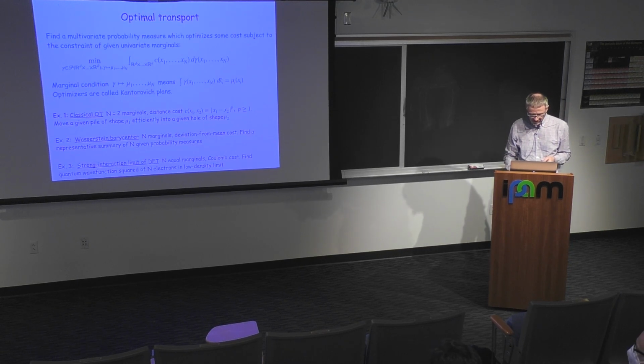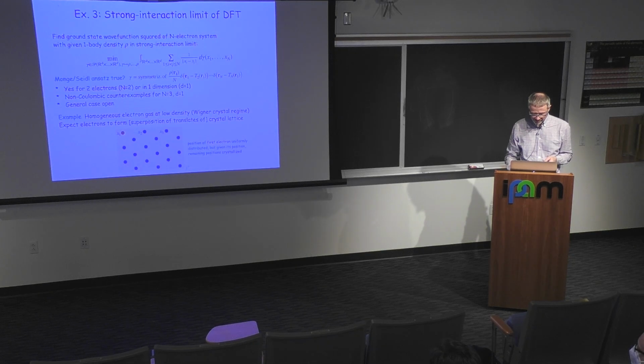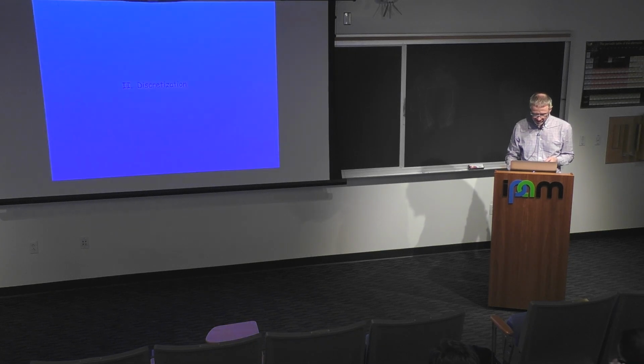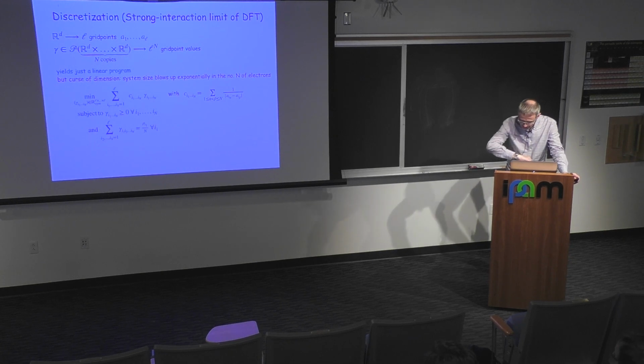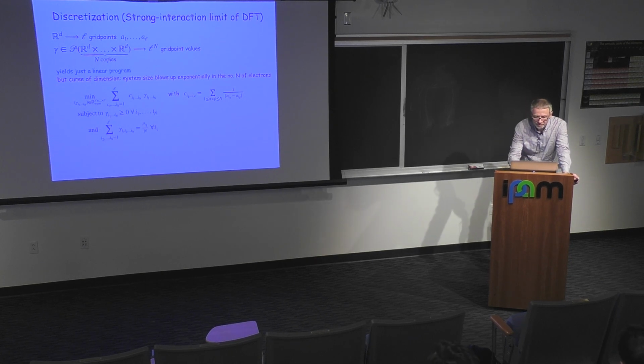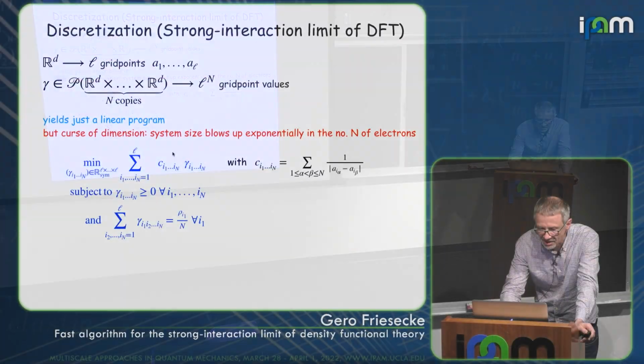Okay, now we went through this optimal transport stuff and the Seidel solution. Now I come to discretization. If you discretize the single particle space by L grid points, then you just get a linear program.